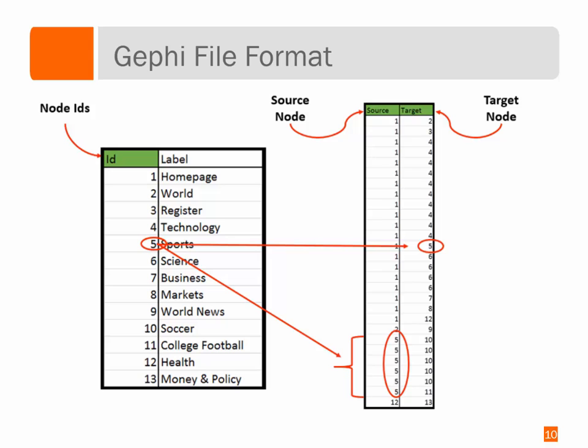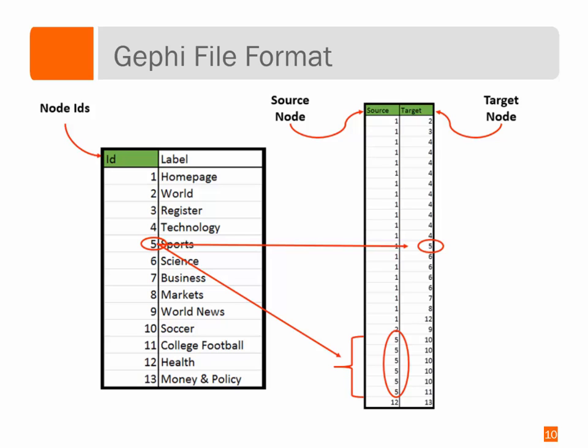A couple other things that I'd like to point out. When we're describing those source and target unique identifiers, remember that these are coming from the node ID table. The unique identifiers that we created in the node ID table are what we're using to populate the edge table. You'll see here in our example, on the left we have the unique identifier for the web page of sports, number 5.